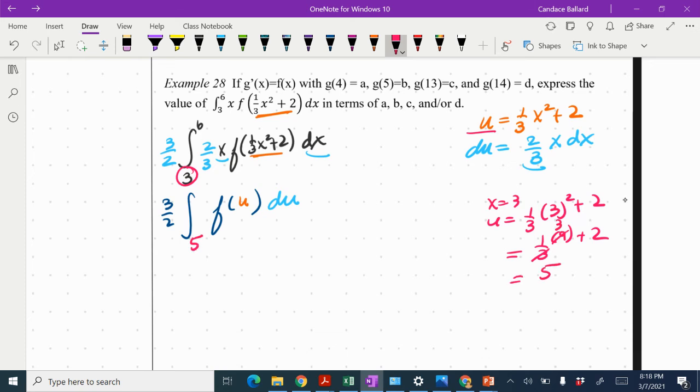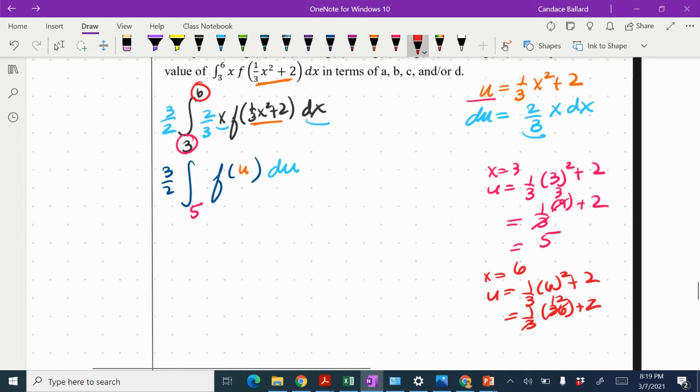So my new lower bound is 5. My upper bound is 6. So I'm going to go x equals 6. So u equals 1/3 times 6 squared plus 2. 6 squared is 36. 3 goes into 36 12 times, plus 2 is 14. So there's my new equation.